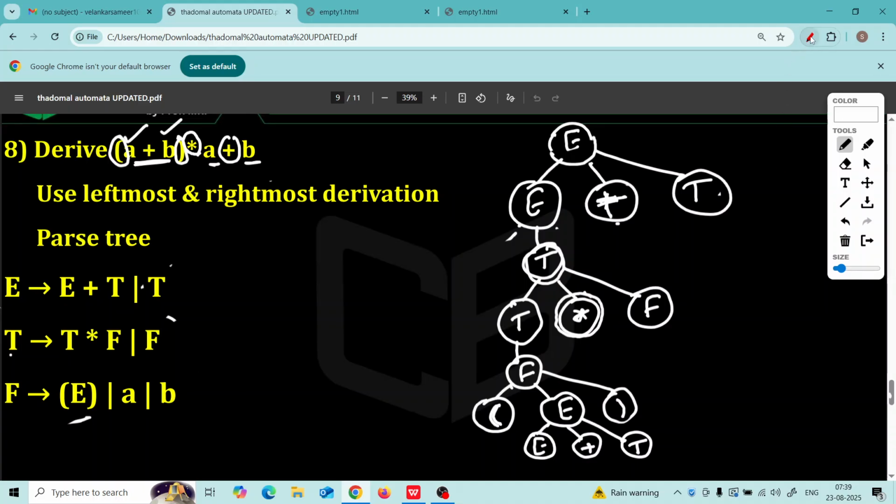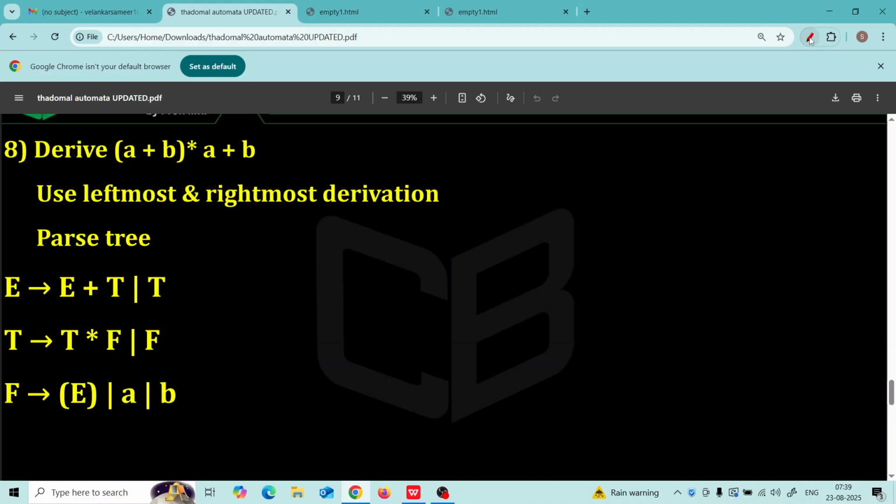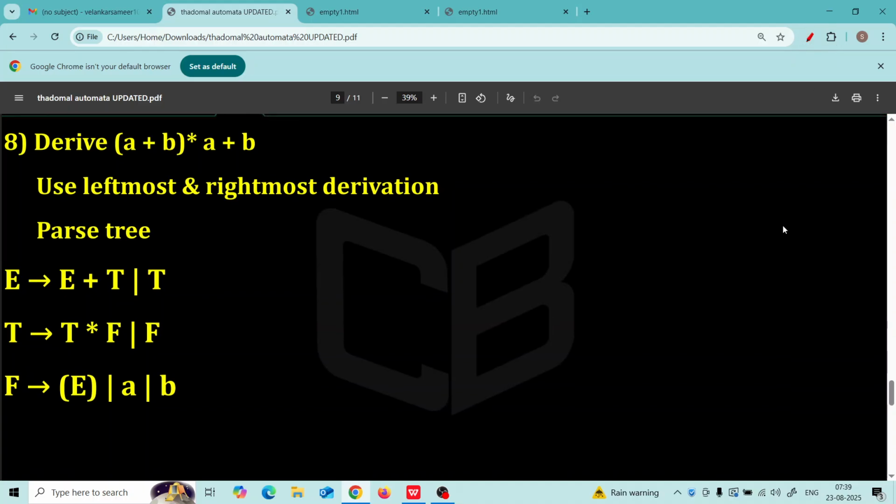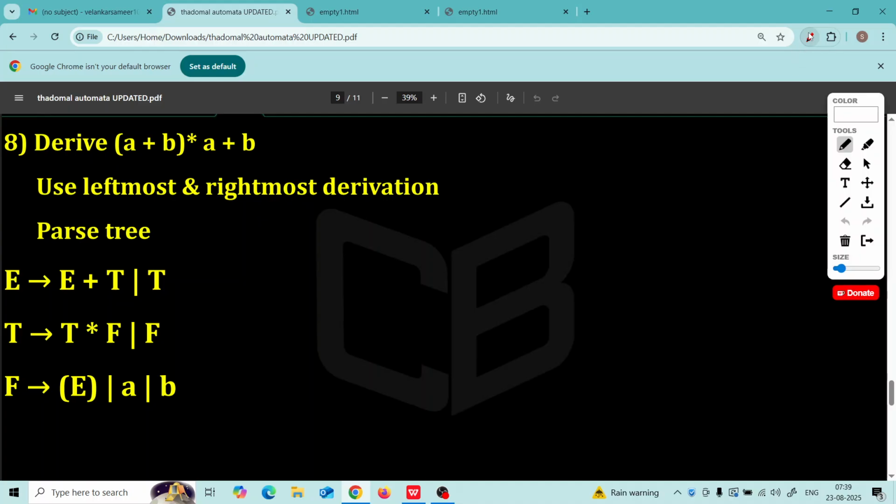Okay, what did we do till now? Just spend some more time here. Let's see. What we have done is, we started with E. We said we want this plus. So we said E gives E plus T. Then this portion will be given by E, this portion will be given by T, plus is generated. Correct? Now we will say E gives T. Why have we used this production?